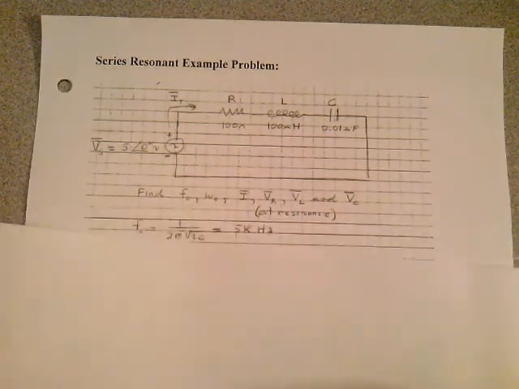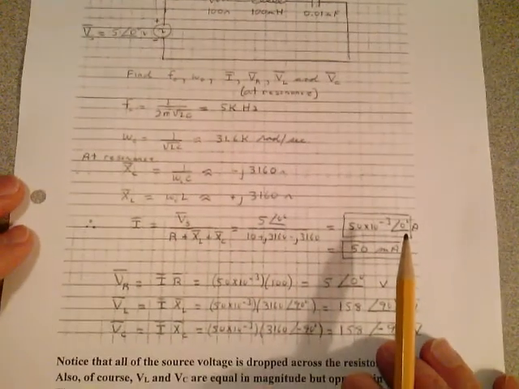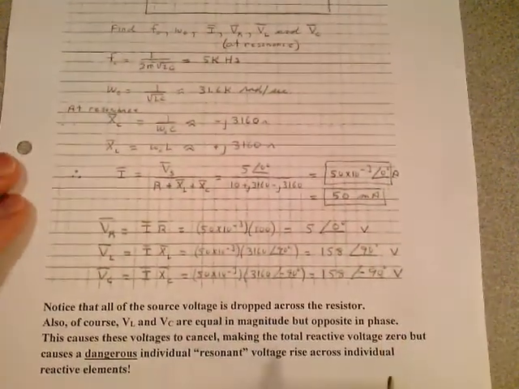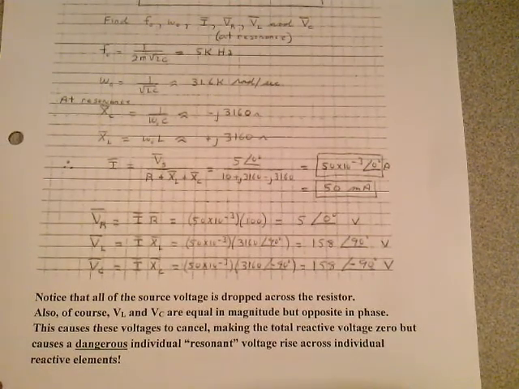If you did that, and I hope you did on your own, this is the solution. I calculated the resonant frequency in hertz, approximately, and rounded it off to 5 kilohertz.